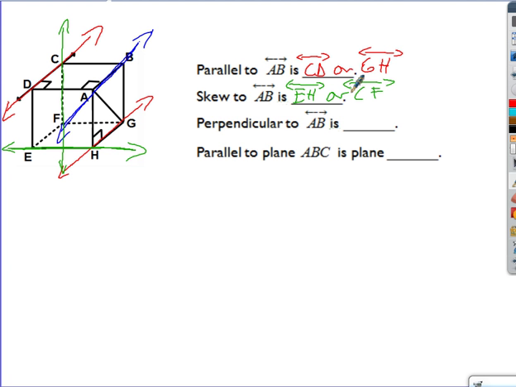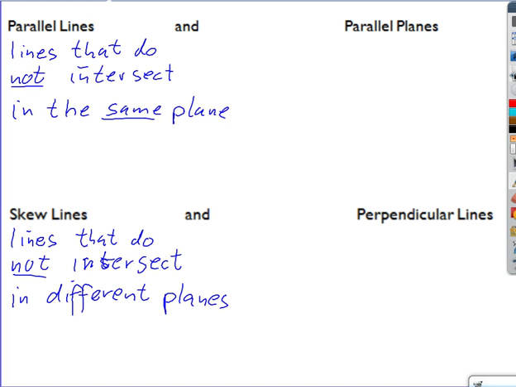Let me not forget that arrow going in both directions here. Both lines, EH and CF, go in different directions, and they are on different planes, but they will never intersect with AB. And when we looked at CD and GH, those were going in the same directions as AB. So let's go back to our notes and note that down.